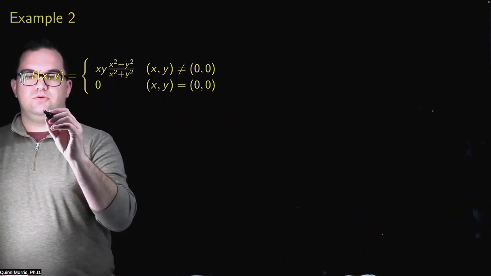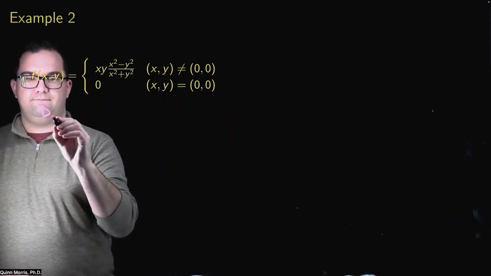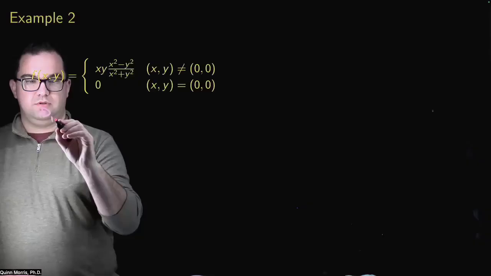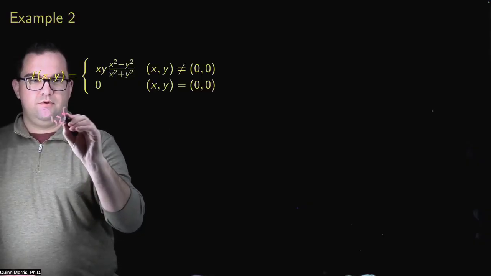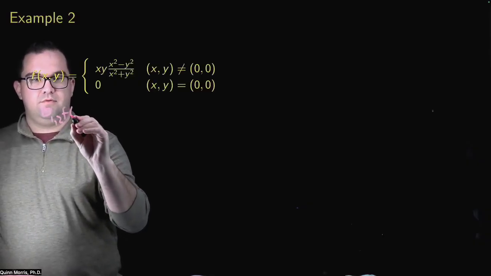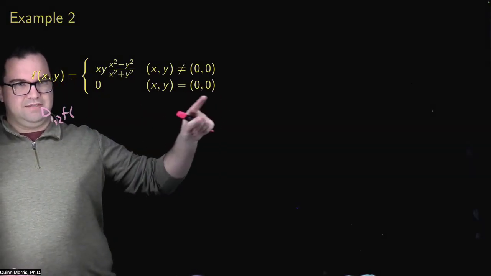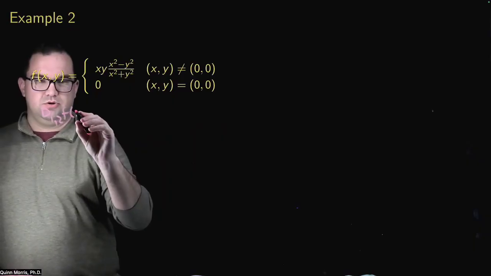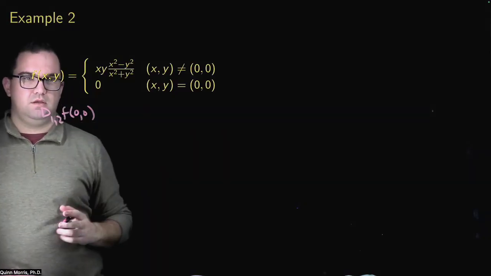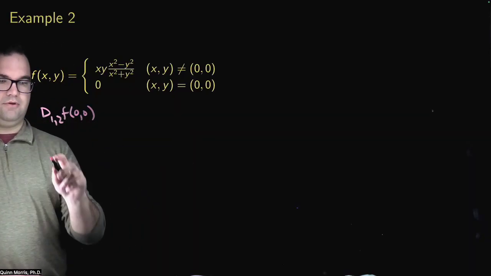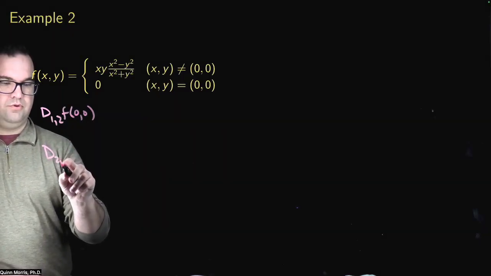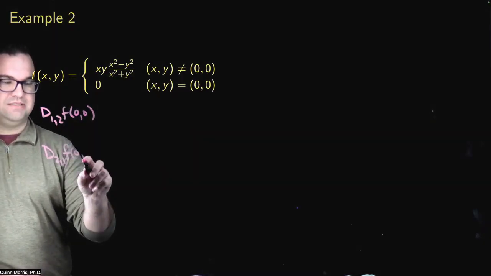Okay. So in order to understand the mixed partial derivatives, let's say I want D12 F, and let's just focus on 0, 0, right? As you might guess, something a little strange is going on here. So let's try to calculate these two mixed partial derivatives at 0, 0.